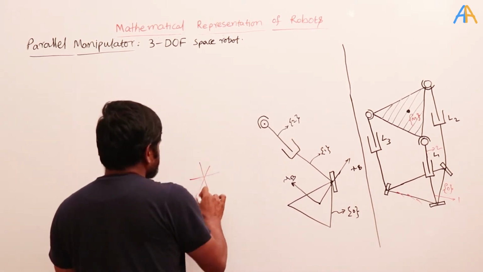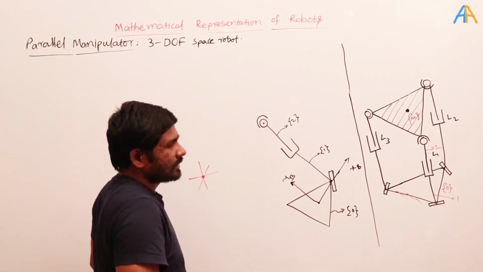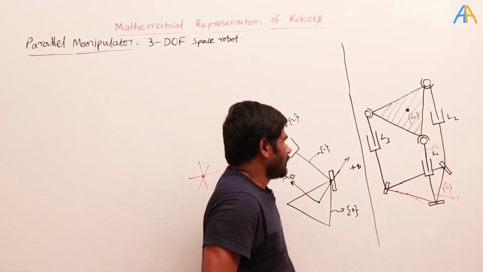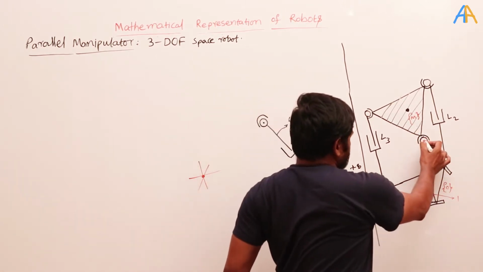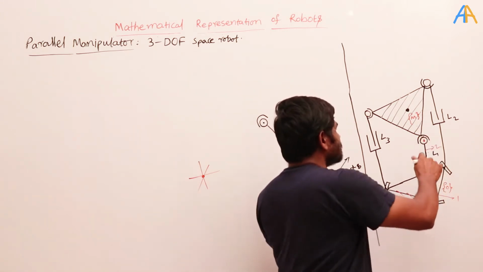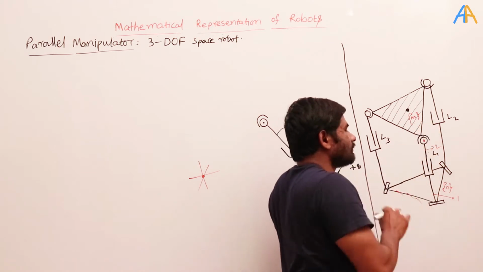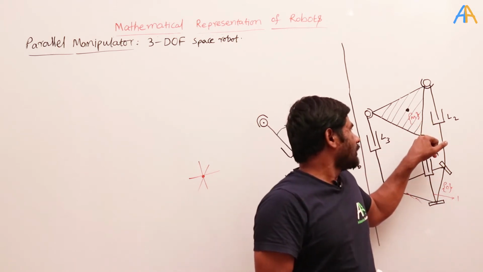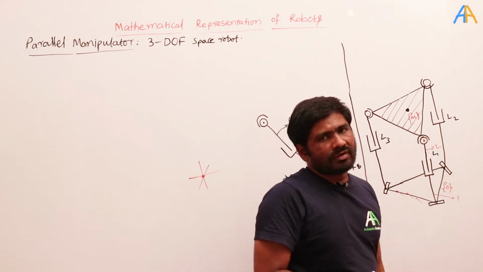So if I can find the center of the spherical joint, it automatically lies on one of the corners of this moving platform.